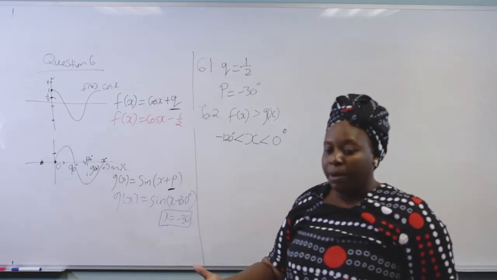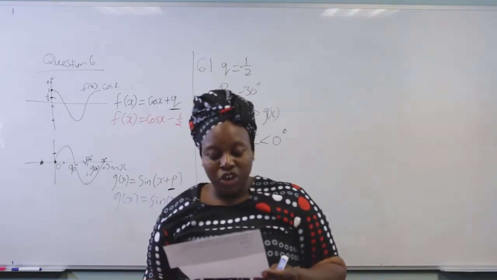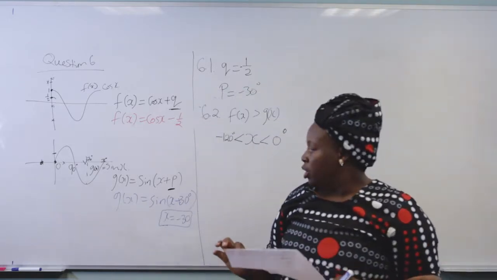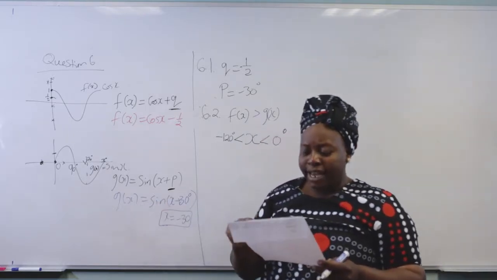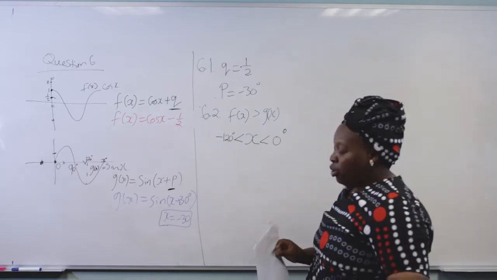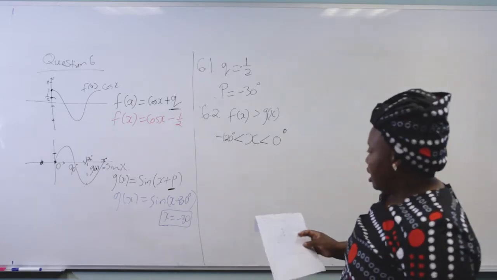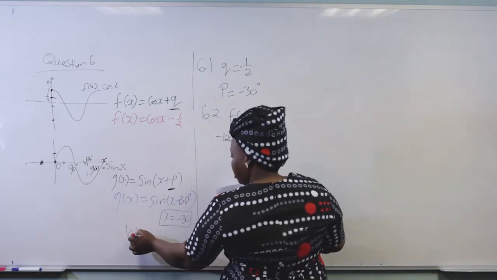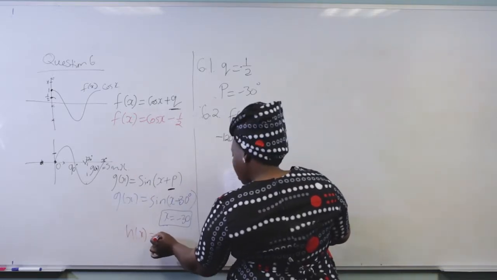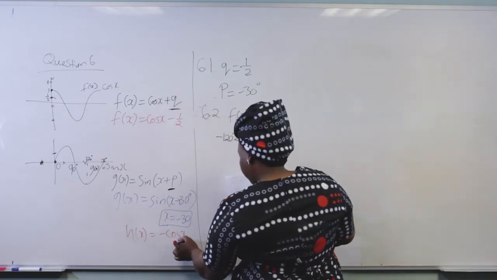Now you have to say what happened. Describe a transformation that the graph of g, which is this graph, undergoes to form the graph of h, which is written in the form h of x equals negative cos x.